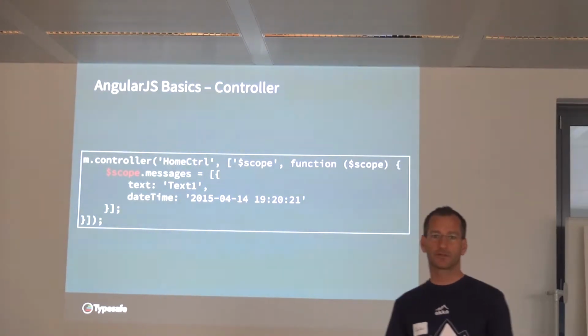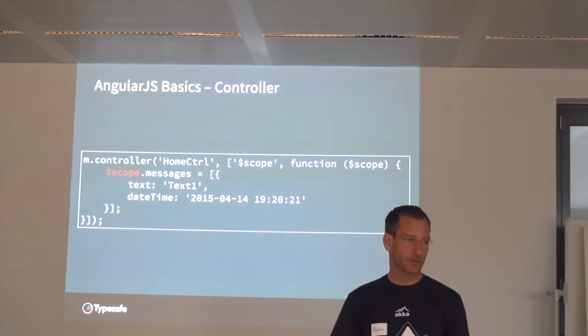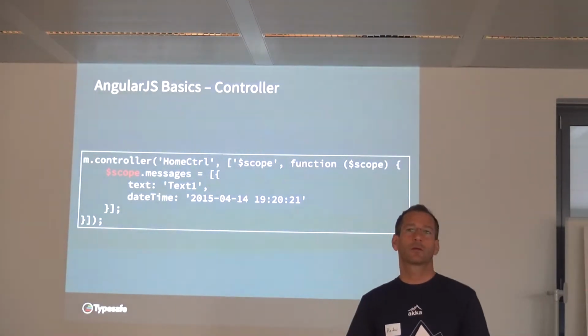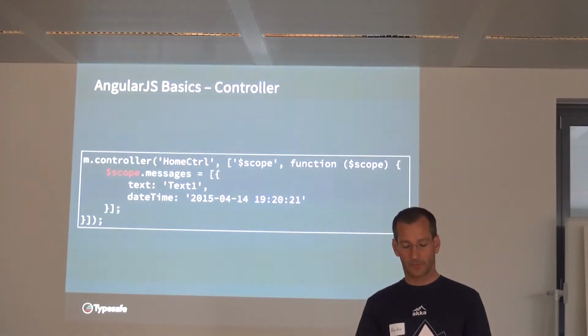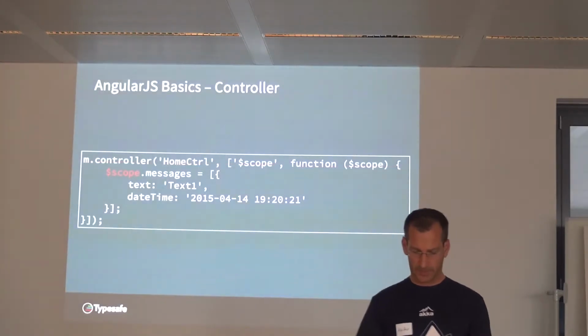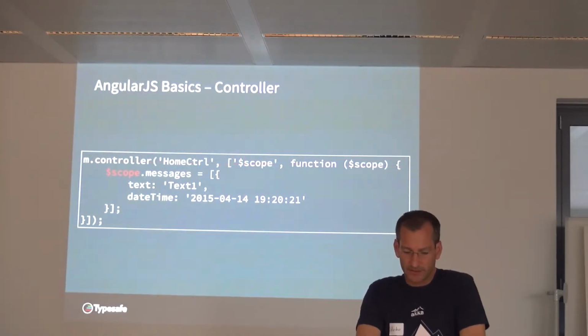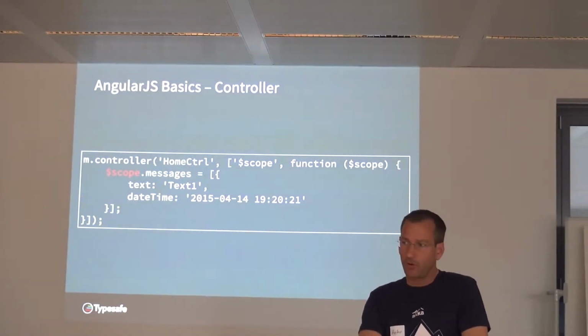They are written in JavaScript, or you can use CoffeeScript or anything, but the controllers also hold the view model, right? So they have a view model, which is here, referenced by this $scope variable. And yeah, you can do all fancy things with that.